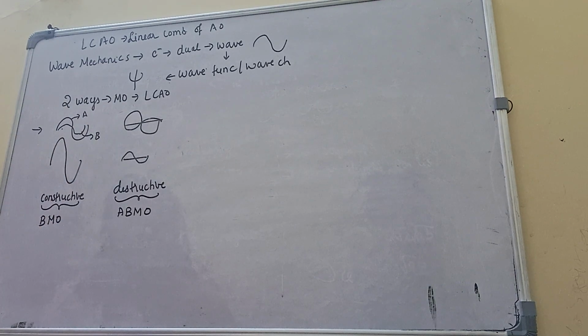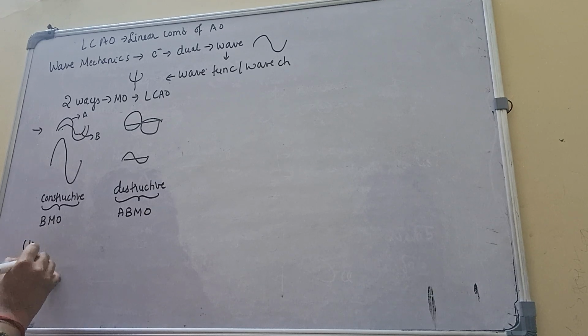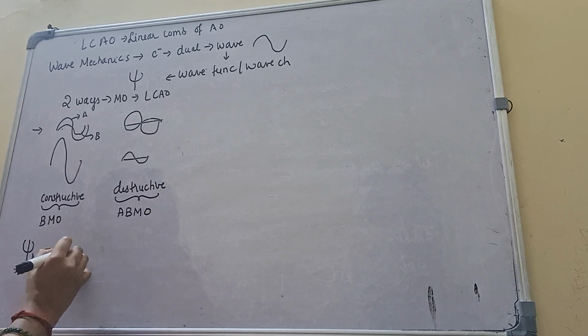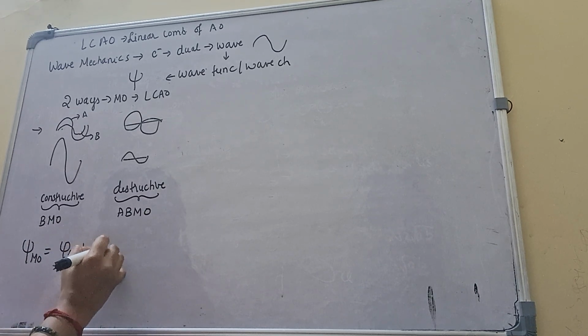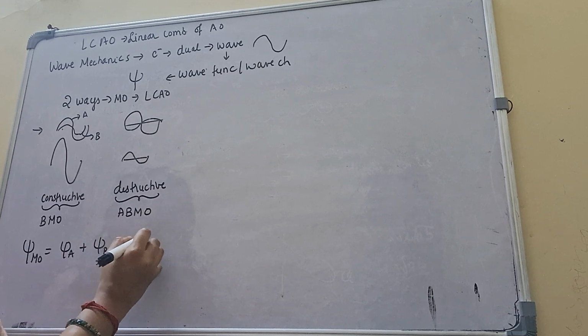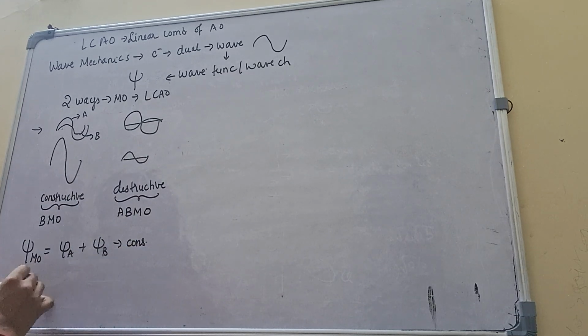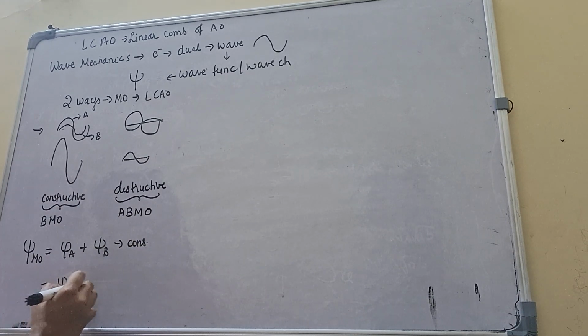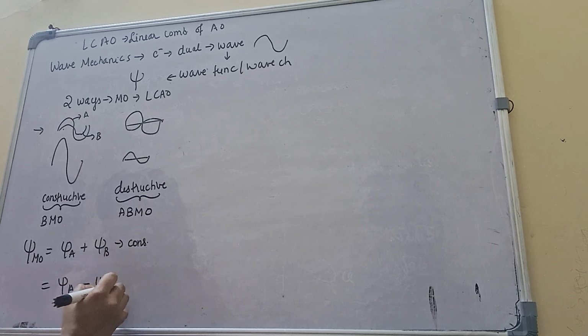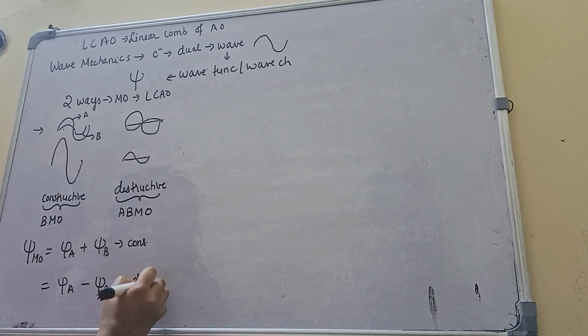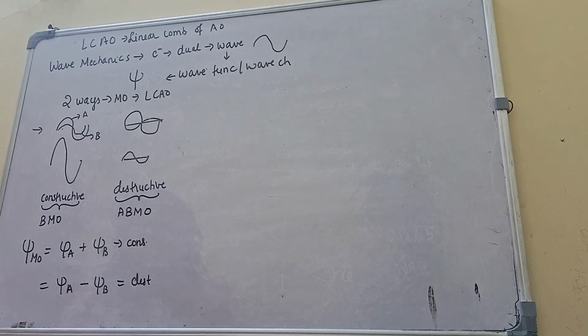Now how will you write this molecular orbital? You can write it like this: psi A plus psi B, and this is your constructive interference. And if you write it as psi A minus psi B, that will be your destructive interference.